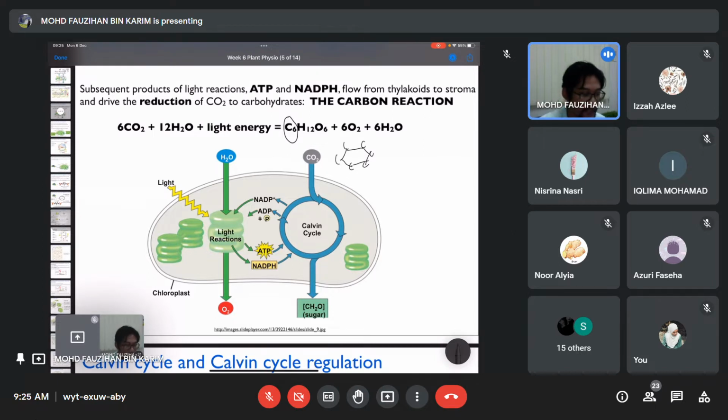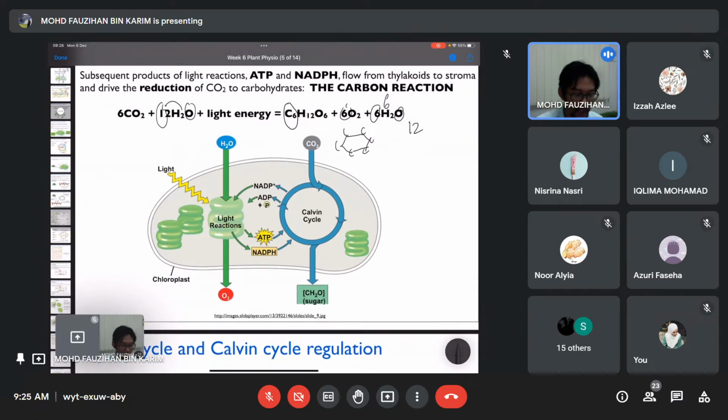So 6 oxygen becomes 12, to balance with the 12 here. So the first calculation to balance is based on the fact that to produce a molecule of glucose needs 6 carbons.